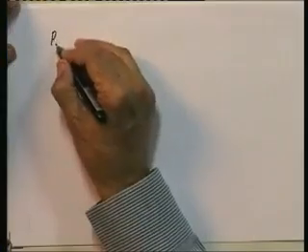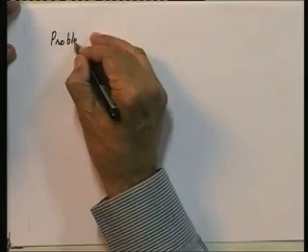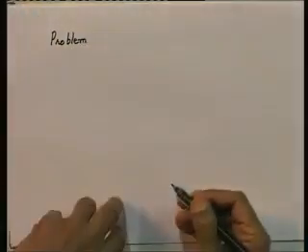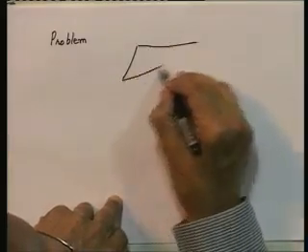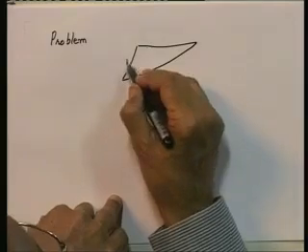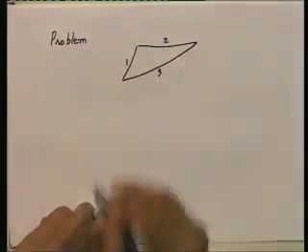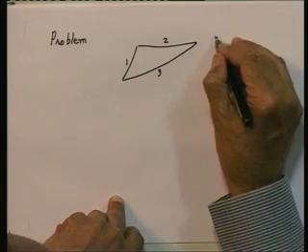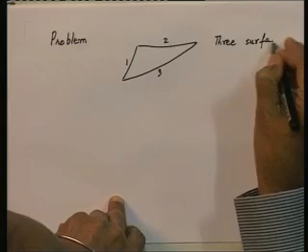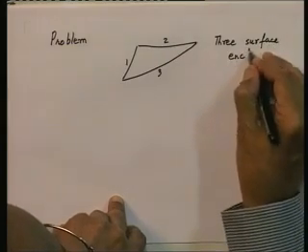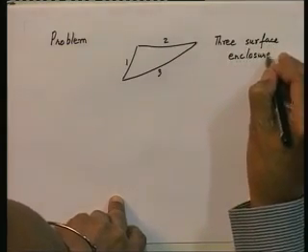Let me just change the problem a little and say, suppose I have some 3 surface enclosure. I am just drawing some arbitrary 3 surface enclosure like this. Suppose I have a 3 surface enclosure of a given geometry.